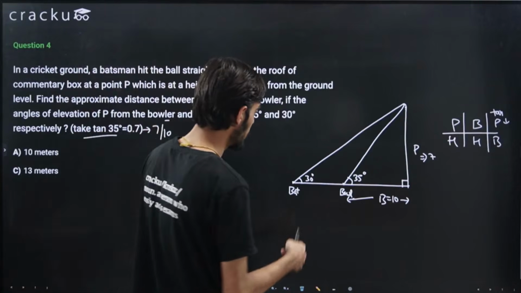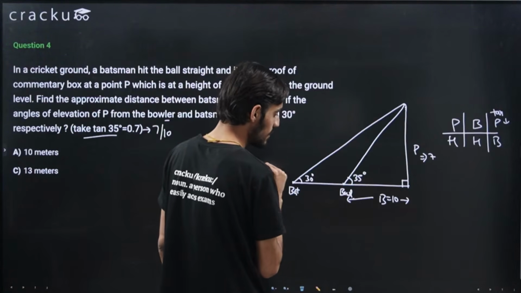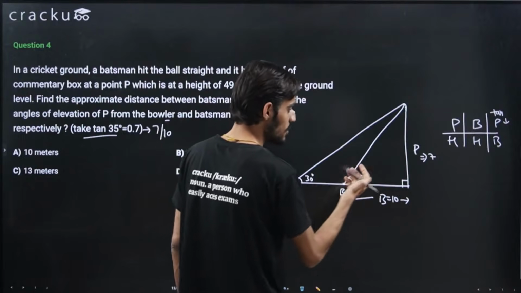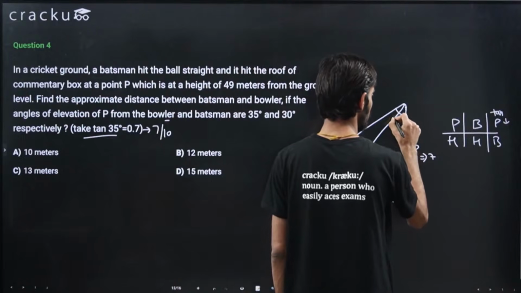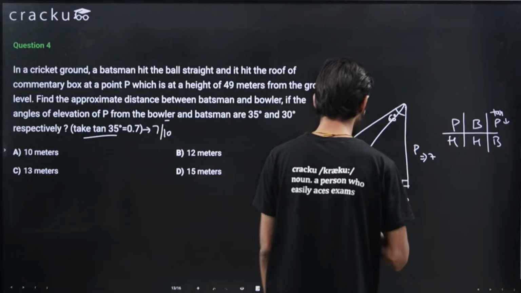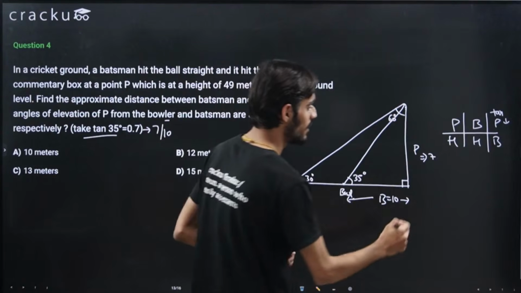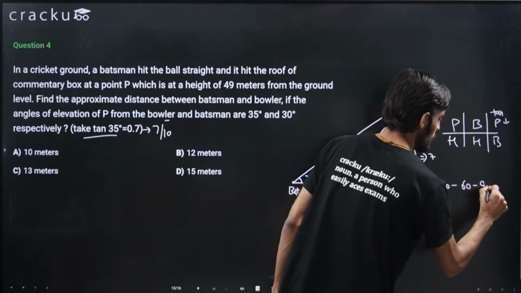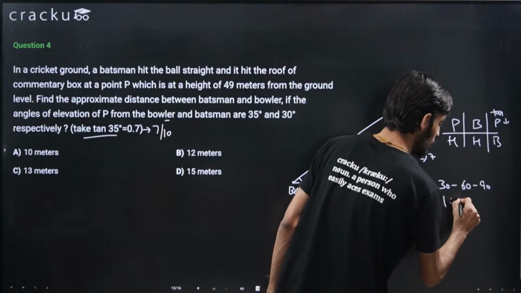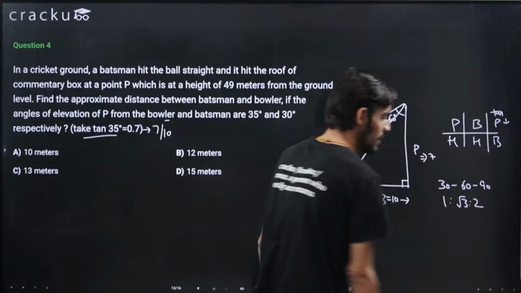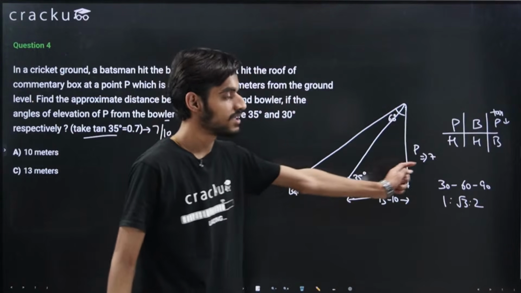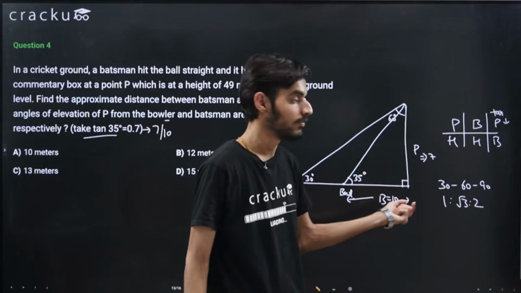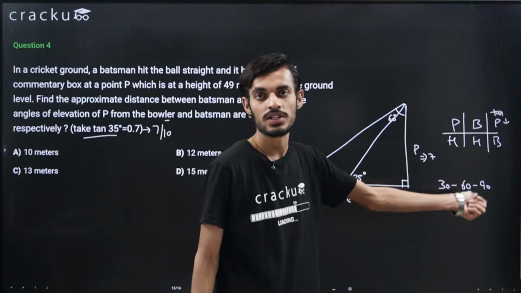And also there is second condition also, that this angle is 30 degrees. So again we can use 30, 60, 90 degrees. This complete angle will be 60 degrees. So we know in 30, 60, 90 degree triangles, the ratio of sides is 1:√3:2, right? If the angles are 30, 60, 90 in a triangle, then the ratio of sides with respect to those angles will be 1:√3:2, right?